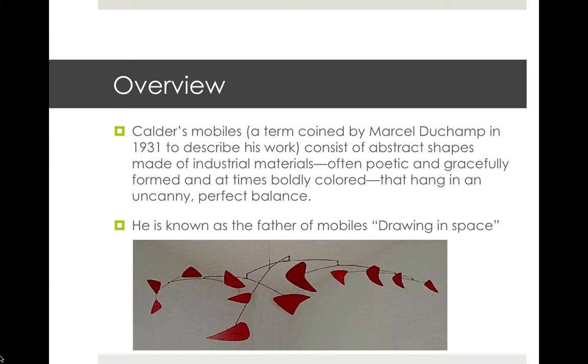And one of the pictures right here is known as the Red Mobile. And so, like I said earlier, he is known as the father of the mobile. You're going to find out a little bit more about how his artwork influenced the times.